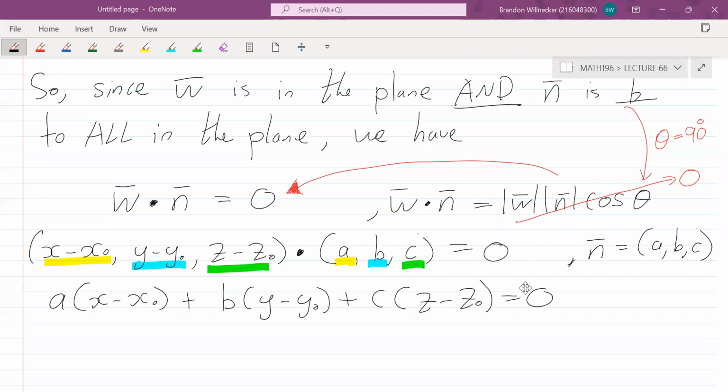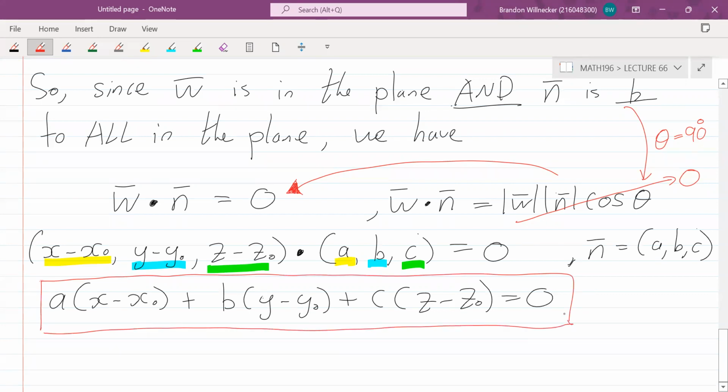Okay, so this gives us the equation for the plane. So I'm just going to put this in red. That's the equation of the plane. So if we know a point in the plane, x naught, y naught, z naught, and we know the normal, then we can determine if another point is in the plane or not.